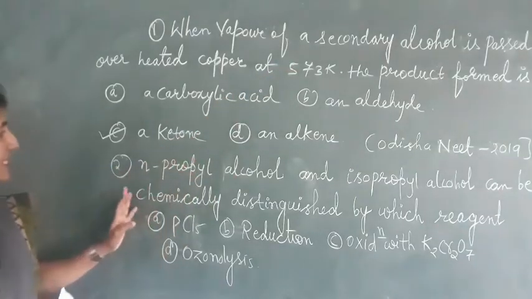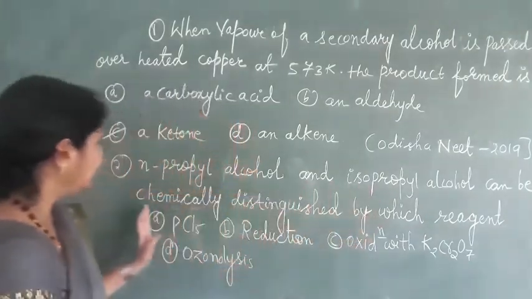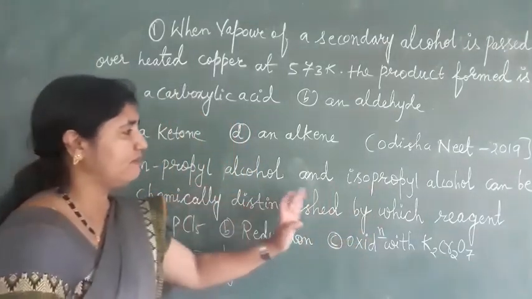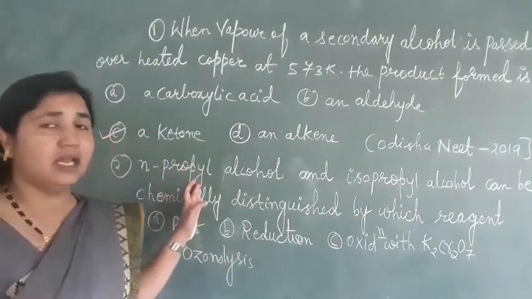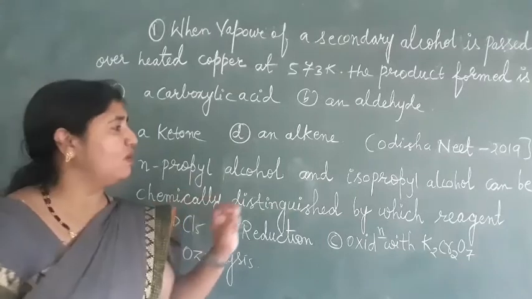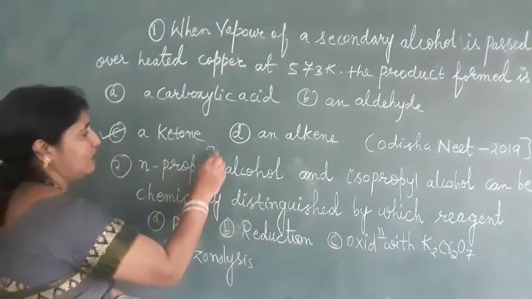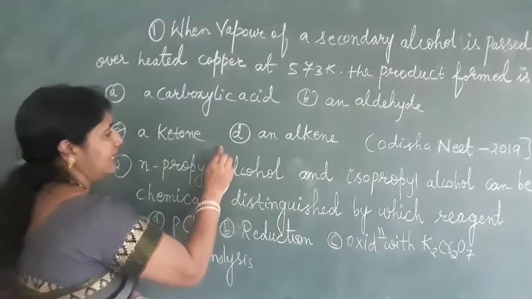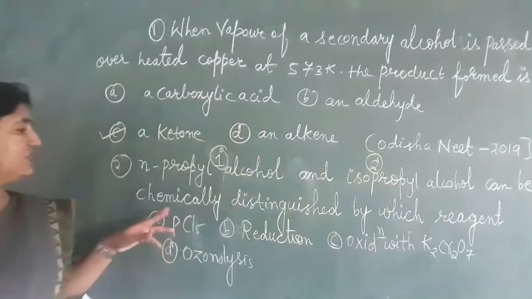Secondary alcohols always give ketones. Next question. N-propyl alcohol and isopropyl alcohol can be chemically distinguished by which reagent? N-propyl alcohol is a primary alcohol, and isopropyl alcohol is a secondary alcohol. How can we distinguish them chemically?